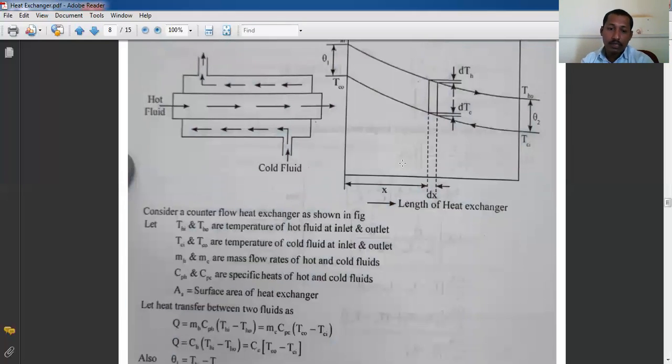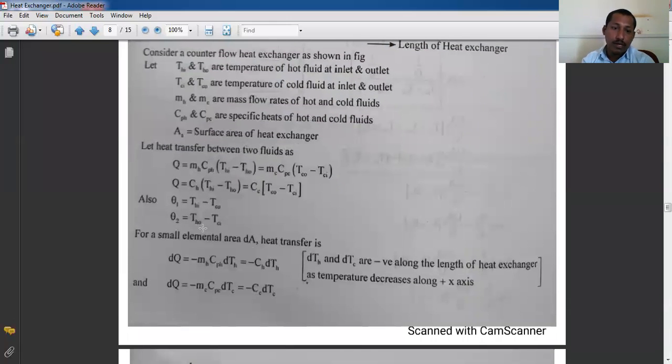Now writing the same terms. Here also you will write Q is equal to MhCph times (Thi minus Th naught), which is for the hot fluid, is equal to McCpc times the temperature change of the cold fluid. Now with Ch, Cc, theta 1 is Thi minus Tc naught here.